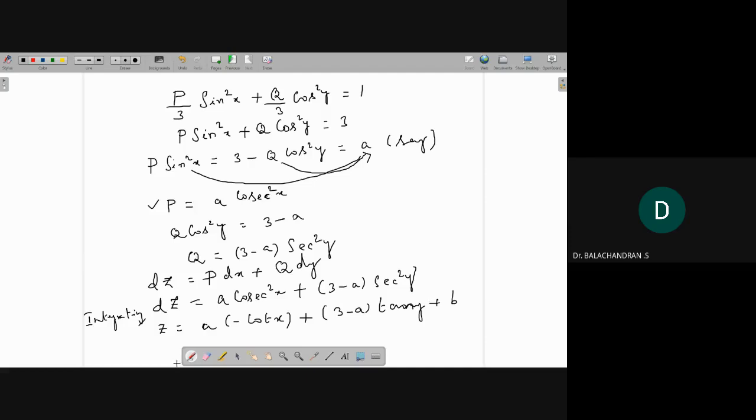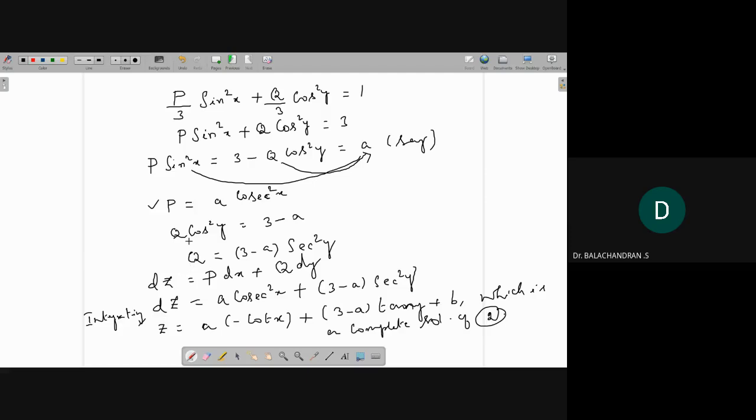So this is the complete solution of equation 2. But actually we need the complete solution of equation 1. So just replace capital Z by small z cube.